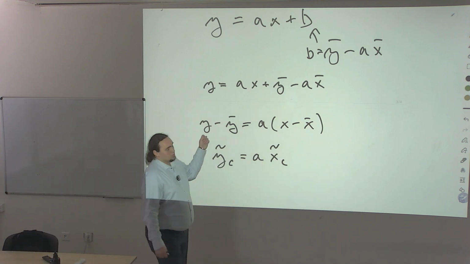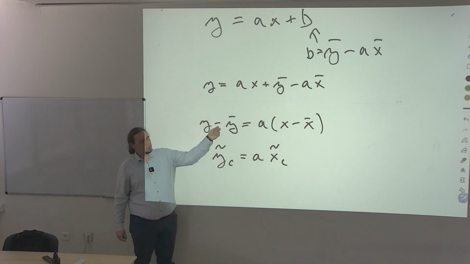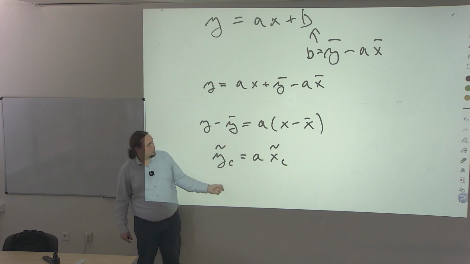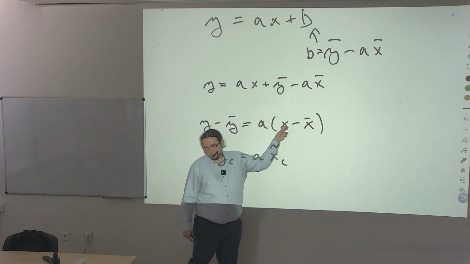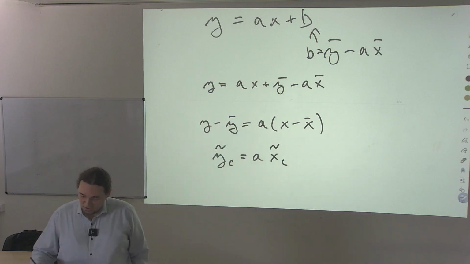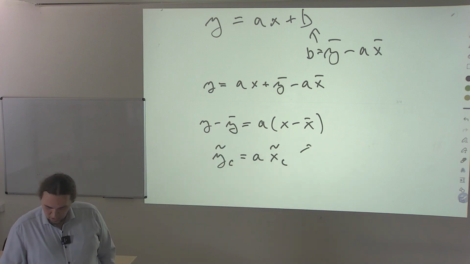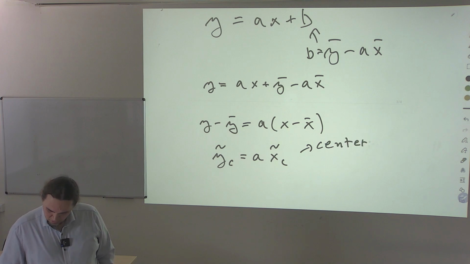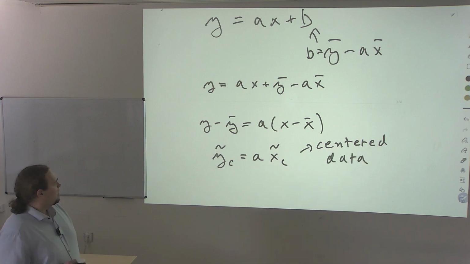So we will take our measurements and subtract their mean from them. We will do the same with our independent variables, and this already means that we centered our data.